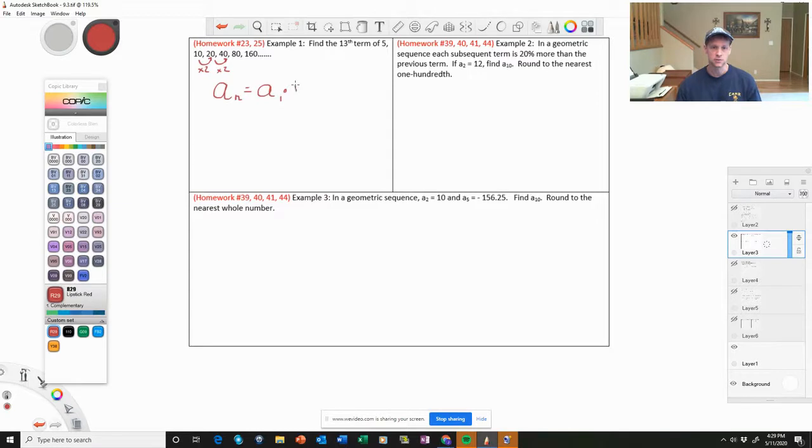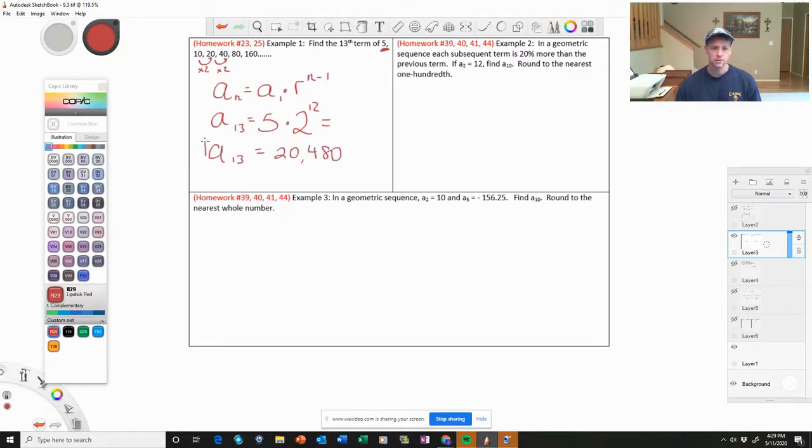The 13th term would be a sub 13 equals the first term, which is 5, times 2, which is your r, to the n minus 1. Well, if n is 13, then n minus 1 is 12. You can just put that in a calculator, and you will get that the 13th term is going to be 20,480.